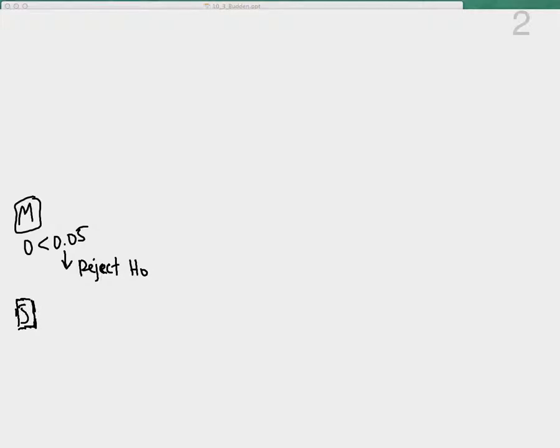Okay, we're almost done. S is the last part. S is going to have 2 sentences. The first sentence is going to interpret what this rejecting means. The second sentence is going to interpret what this 0 means.